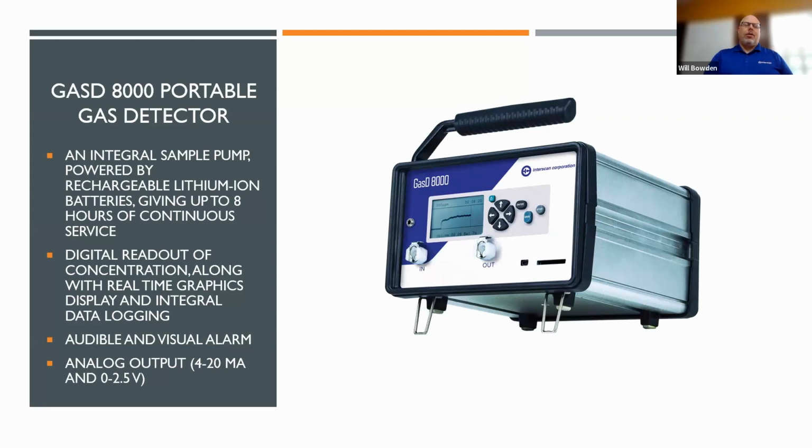Also built in is an audible and visual alarm. On the back side of the instrument itself, there's actually a terminal strip that you connect to the analog output for 4 to 20 milliamp and 0 to 2.5 volts. This gives the ability for an additional external alarm, lights, strobes, etc.